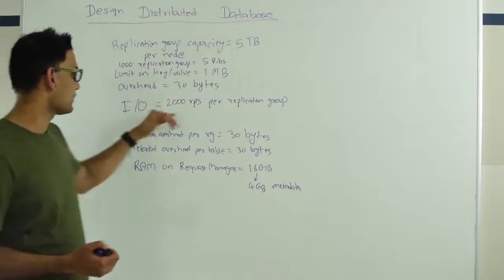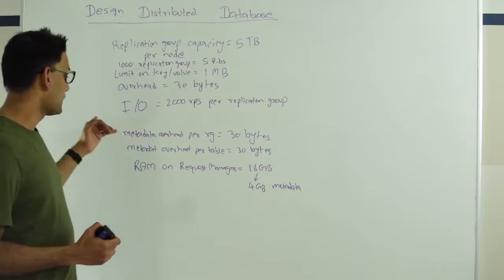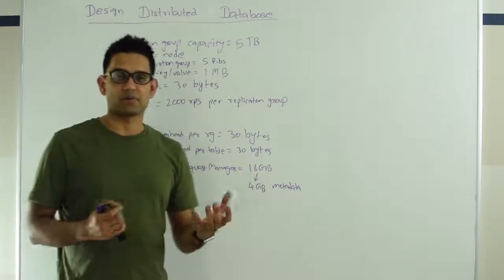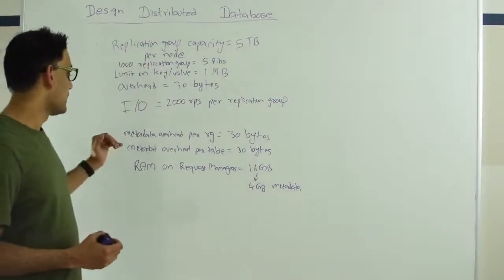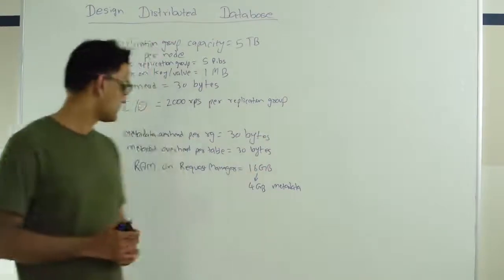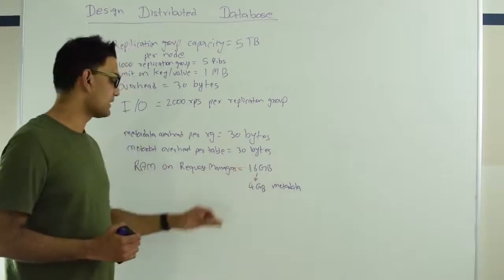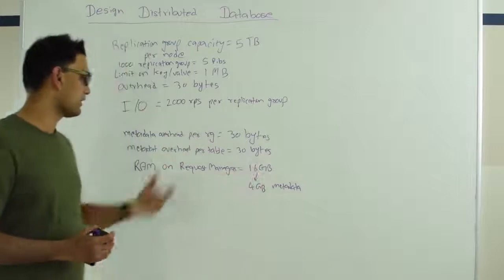I/O per replication group could be up to 2000 per second. Metadata overhead per replication group could be up to 30 bytes, where we store for which replication group what the nodes are, who the leader is, and all that information. Metadata overhead per table could also be up to 30 bytes. We can assume that RAM on a request manager can be 16 gigabytes, and 4 gigabytes of that could be used for storing metadata information.